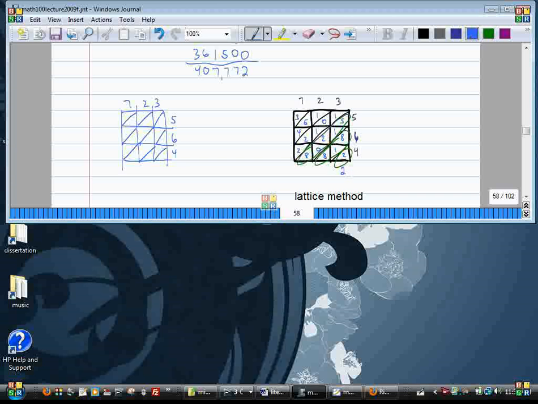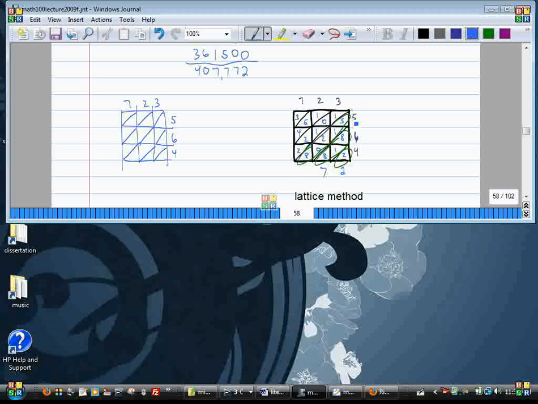Next, add along the next diagonal, 8, 1, 8, that's 17, so you put a 7, and we're going to carry the 1, which you can write wherever you want. I'll put it there.